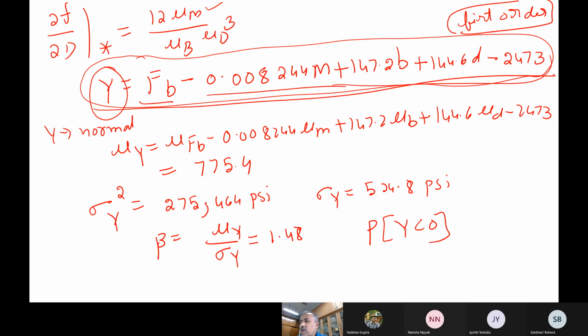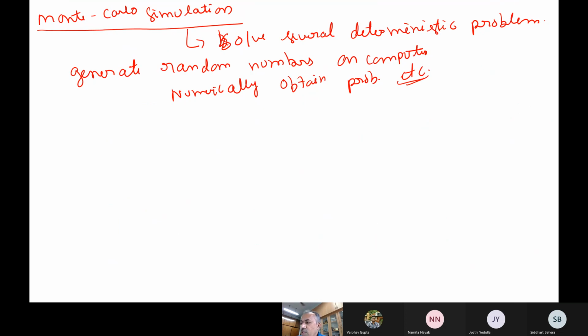Now if you include second order terms and other terms, we will be able to get better results. So this is one way, and the Monte Carlo simulations are also there, which I have just introduced. Now, before we go into reliability with Monte Carlo and others, one most important thing one has to see is the concept of extreme value theory, that is, extreme value distributions.